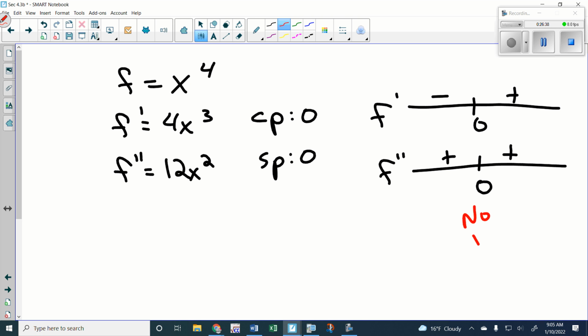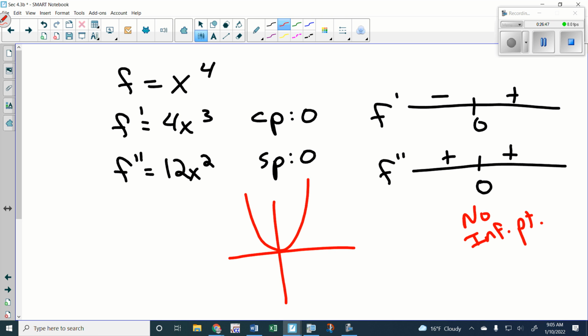So there's no inflection point. Which makes sense because this graph looks like this. This is x to the fourth. So you have a minimum right there. But does the concavity ever change? No. So that's how you could have a special point.